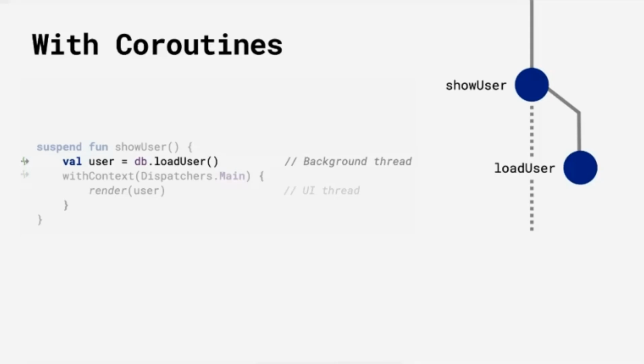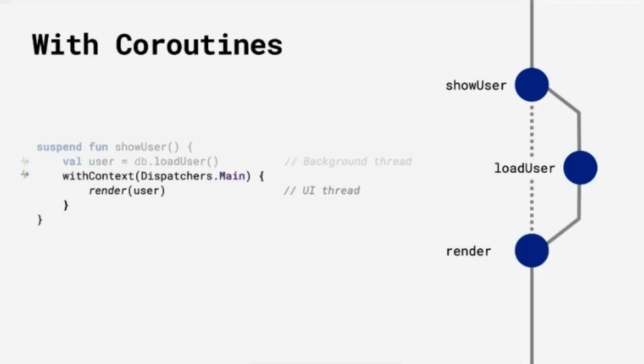So the app is not freezing because you're doing the heavy operation on some other thread. And then once this is finished, it will switch back to the main thread because of withContext. It will switch back to the UI thread, and then the render function will be called. So you will get what you wanted to do.